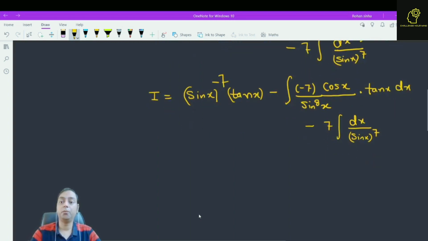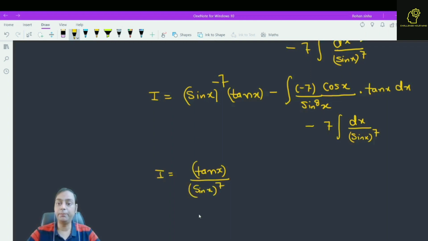Now, what we find after this? This is tan x upon (sin x) raised to 7. This minus minus will become plus. What about cos x into tan x? Cos x into tan x is sin x only. Tan x is sin x by cos x, so cos cancels out.